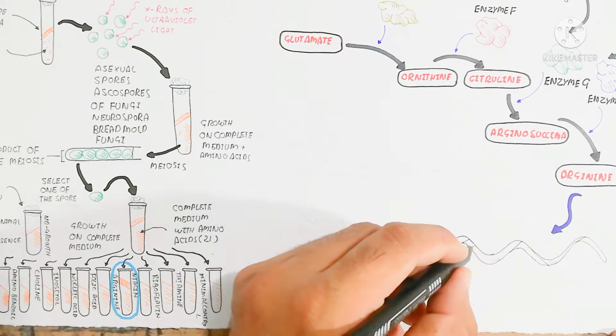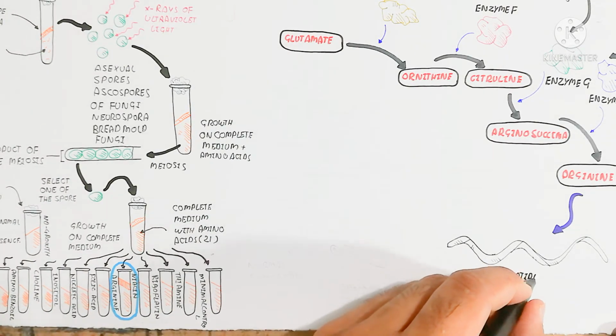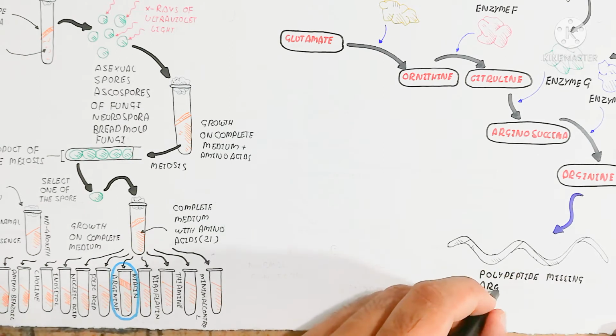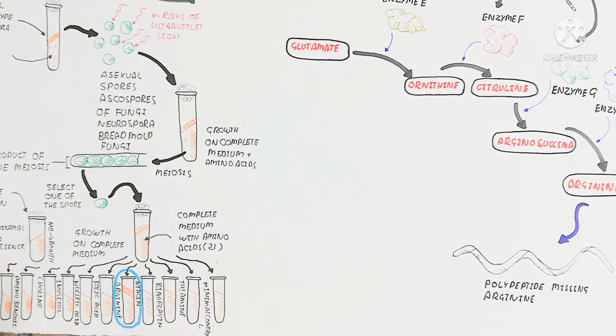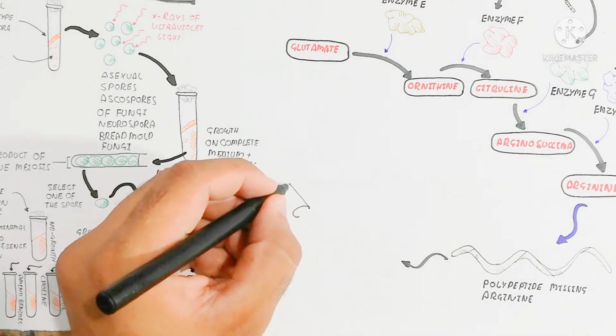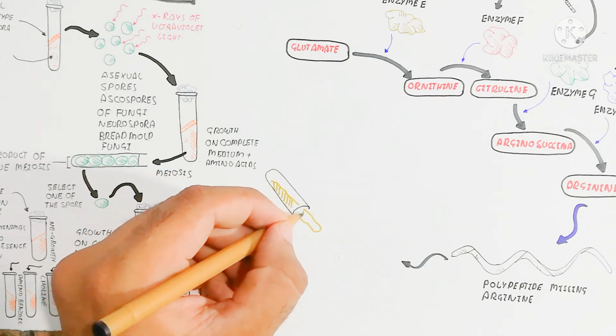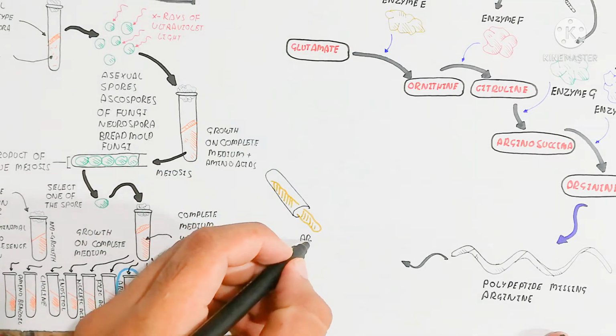In our body, arginine is basically a non-essential amino acid, which our body synthesizes. Just like that, Neurospora also produces arginine. Arginine is the amino acid used for the metabolic pathway and the polypeptide.